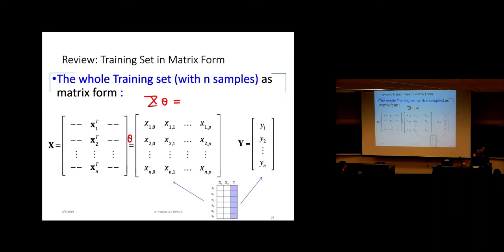If you multiply by theta, it's exactly x1 transpose theta through xn transpose theta. And x theta is this concise representation we like, because this operation is quick.